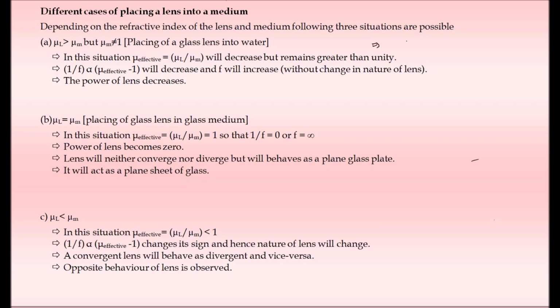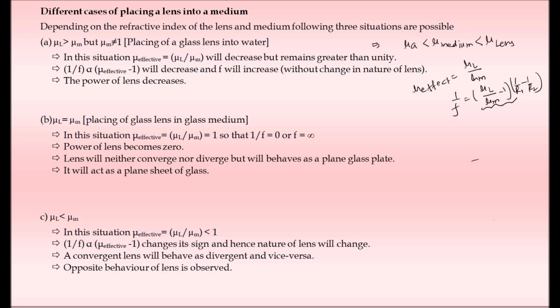This is the case when the refractive index of air will be smaller than the refractive index of medium, and it is less than the refractive index of lens. So in that situation, we see that mu effective, that is the relative refractive index, is equal to mu L by mu M. And if we calculate the focal length, then 1 by f is equal to (mu L by mu M minus 1) into (1 by R1 minus 1 by R2).